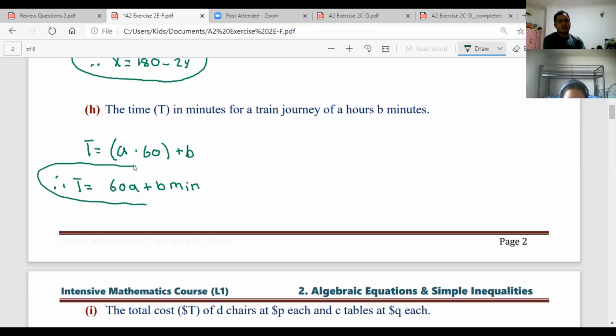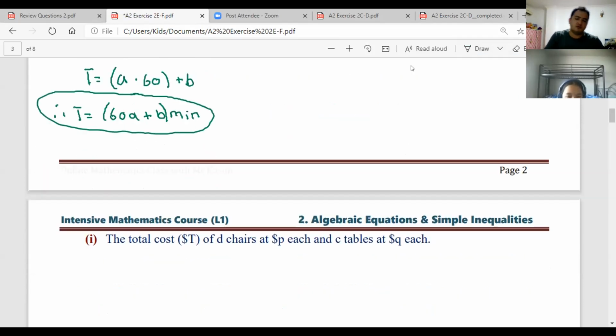Shahida, can you write the 60A plus B in parentheses? Because minutes is outside, right? It's just a unit. Otherwise, we may get confused as B times M or B minutes.